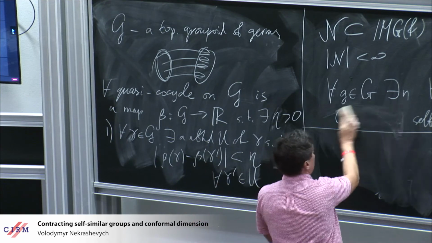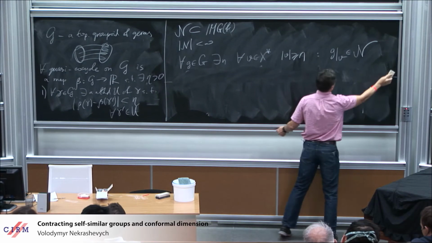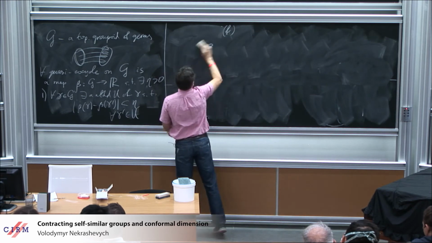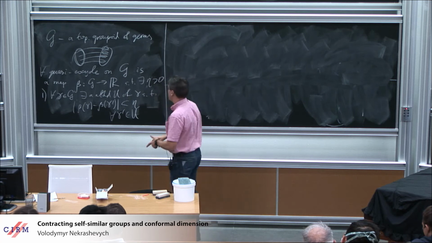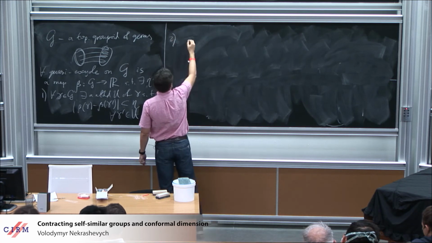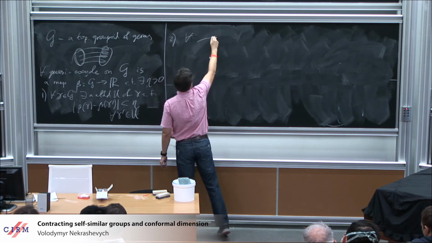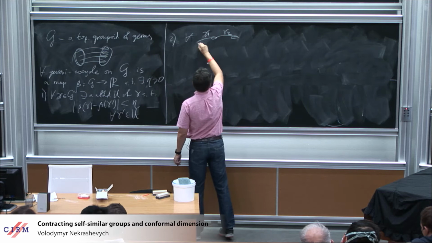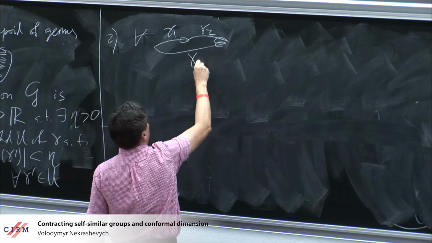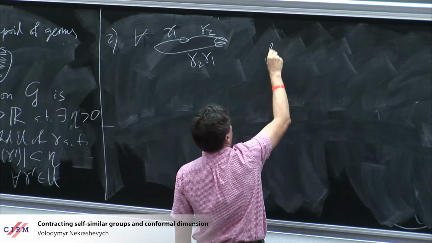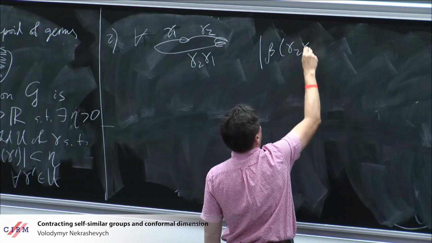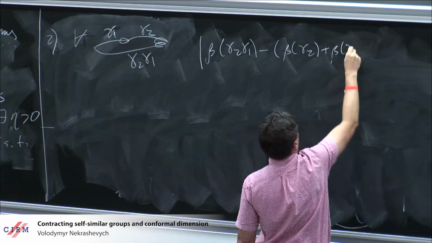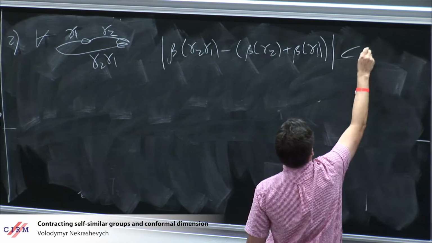And the co-cycle property is that for all composable germs gamma 1, gamma 2, the absolute value of beta of gamma 2 gamma 1 minus beta of gamma 2 plus beta of gamma 1 is less than eta.